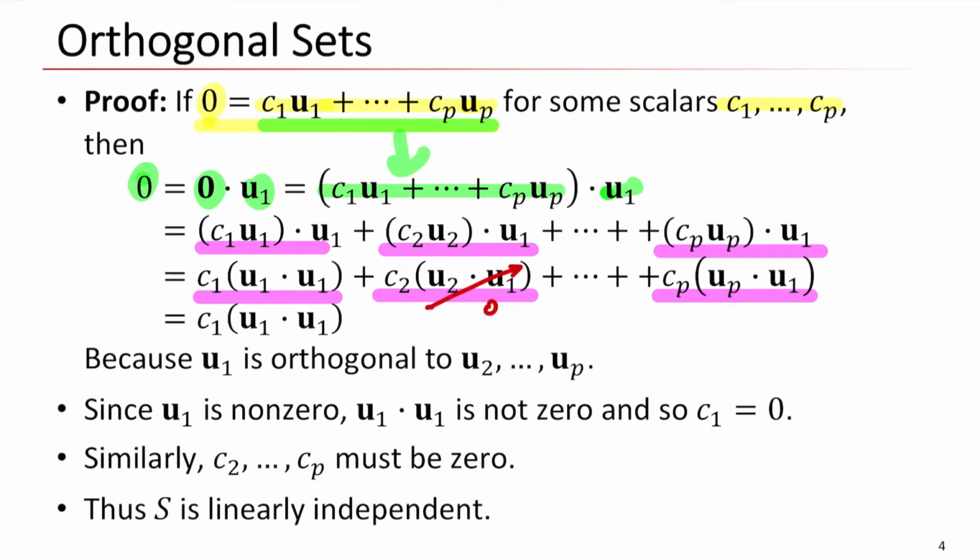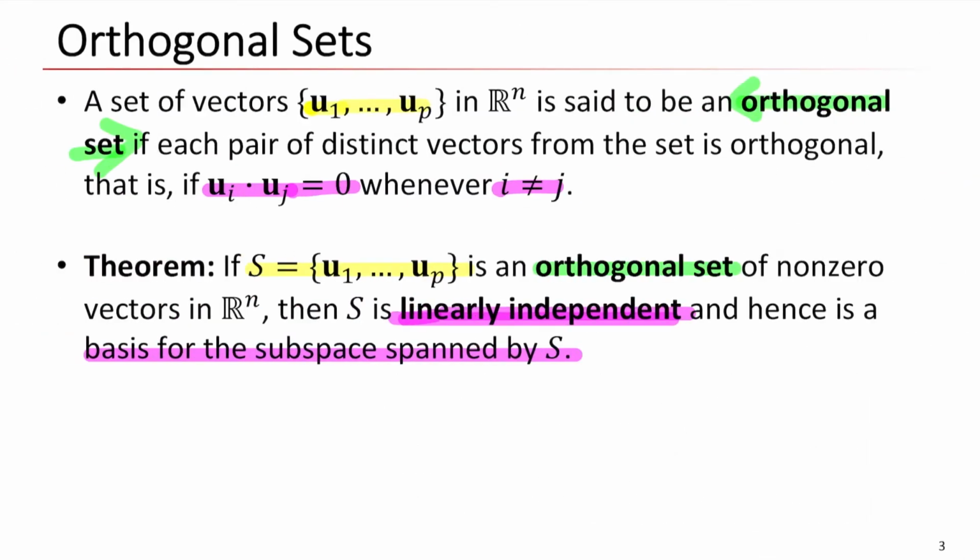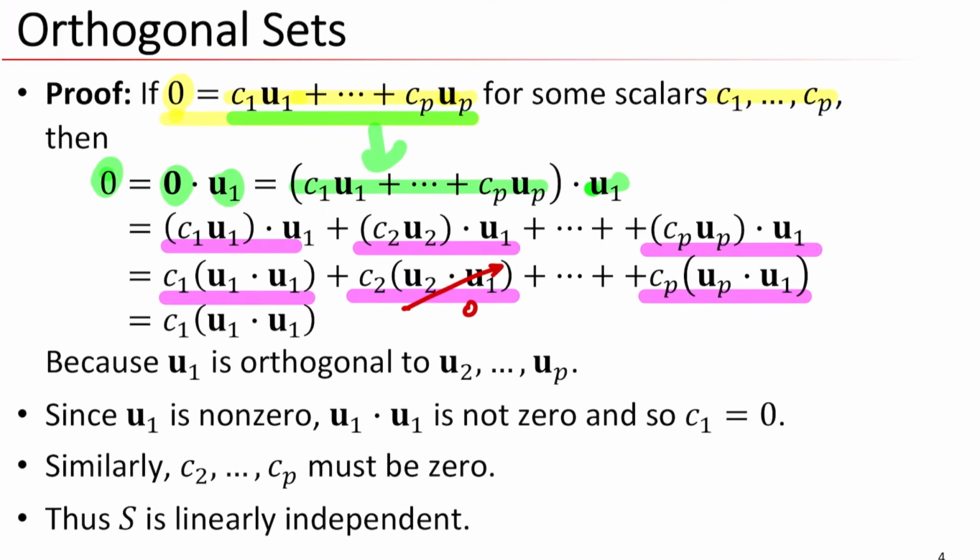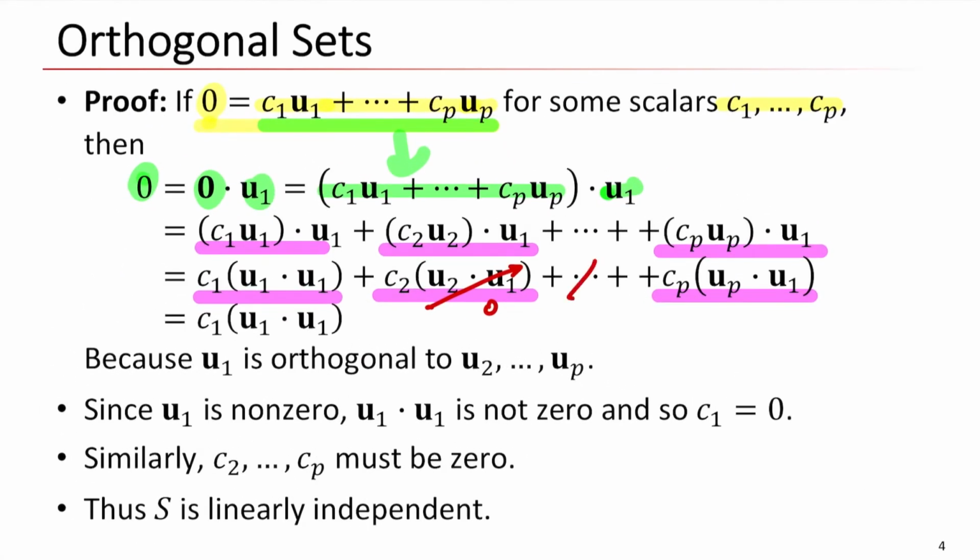Why? Because U1 and U2 are an orthogonal set, so it means that U1 inner product U2 is equal to 0, right? So every other term is also 0, then this term is also 0, right?